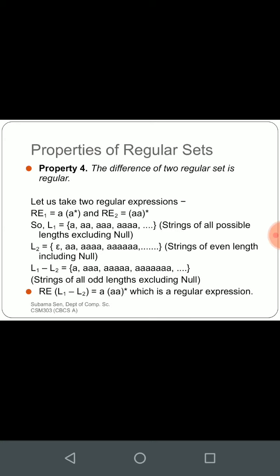Now if we want to subtract L2 from L1, what strings will it contain? L1 contains all the strings excluding null, and L2 contains only the even length strings including null. So our set will contain only odd length strings excluding null, because we have eliminated L2. If we write it as an expression, it will be A followed by AA whole star. So it is again a regular expression.